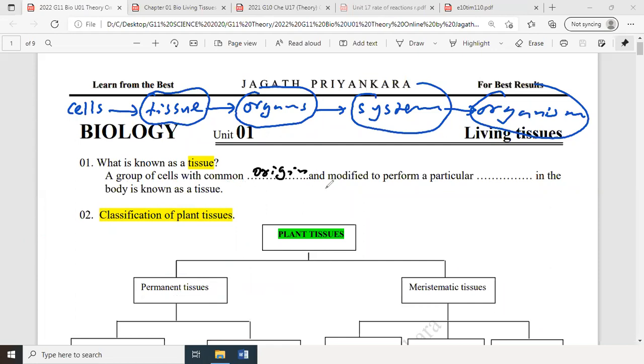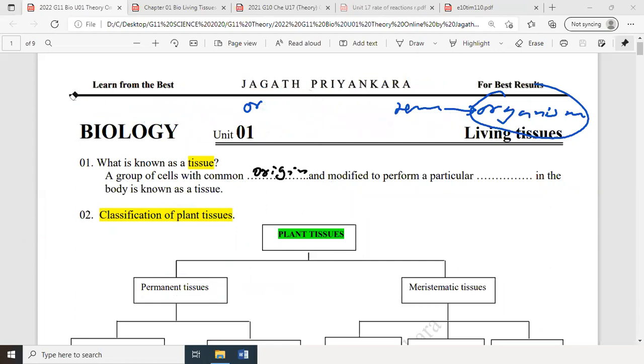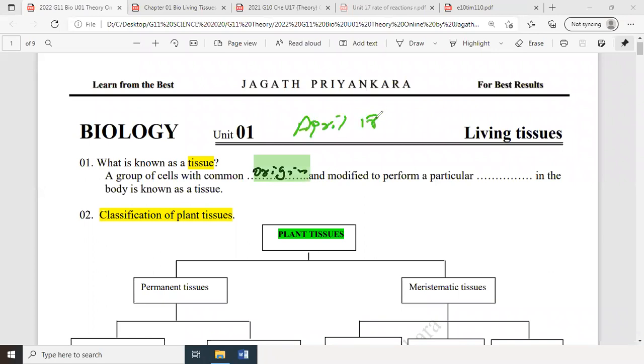This is grade 11, no? I told you that parallel to grade 10, in the last few lessons I will be doing the grade 11 work also. Otherwise we will not be able to finish the syllabus, because they have not informed us yet. You are starting the first term in government schools on April 18th. Usually you are supposed to start grade 11 in January. Now government and semi-government schools start on the 18th of April, so 4 months are gone.